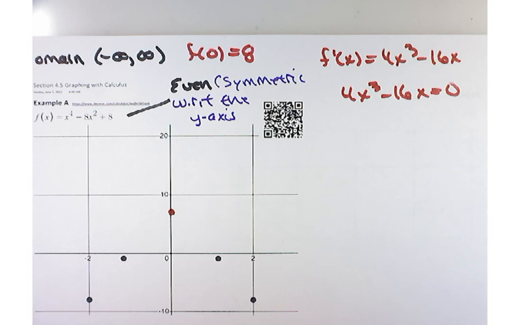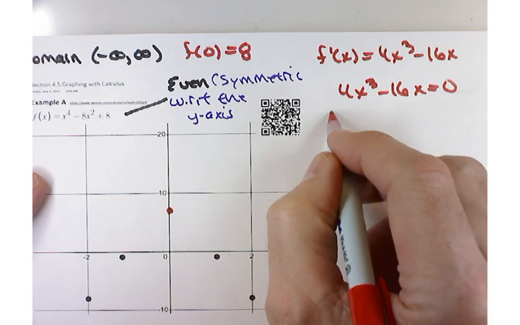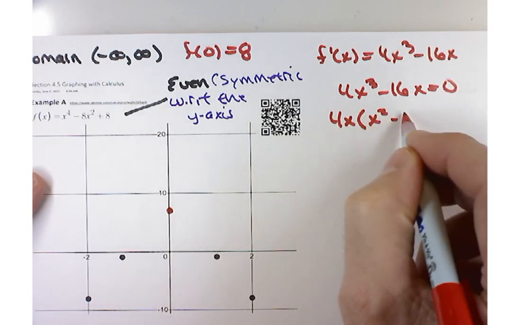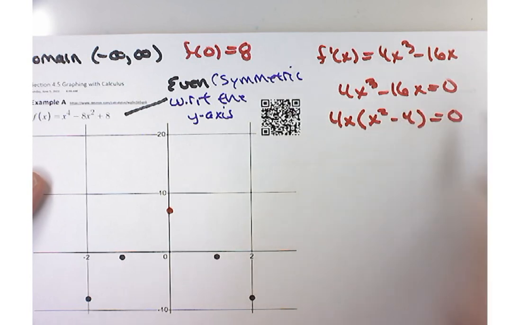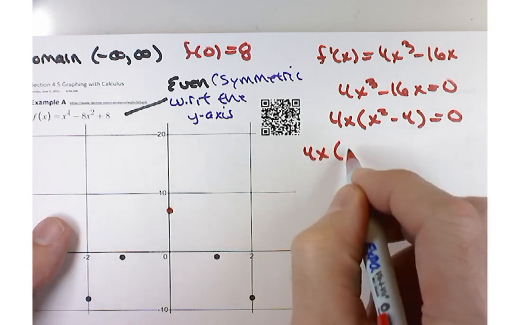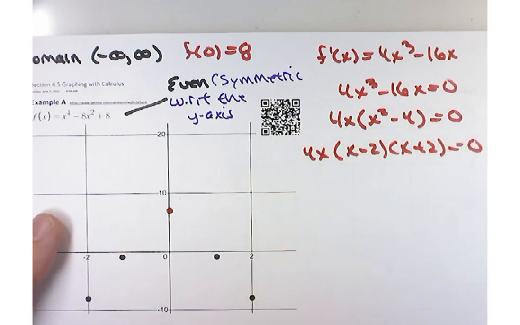What's that? Yeah, you can factor out the 4. In fact, let's factor out the 4x, which leaves behind x squared minus 4 equals 0. Thanks, Adrian. Let's go a little bit farther. 4x times x minus 2 times x plus 2 equals 0.